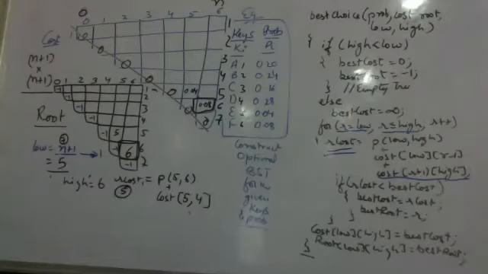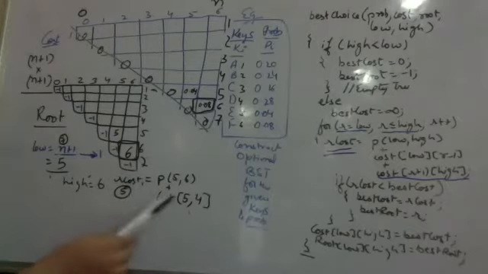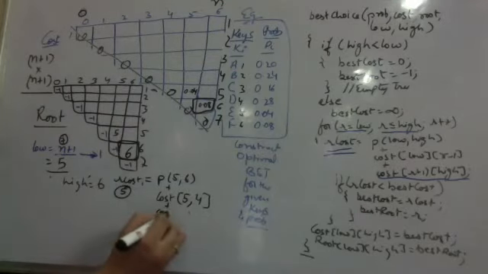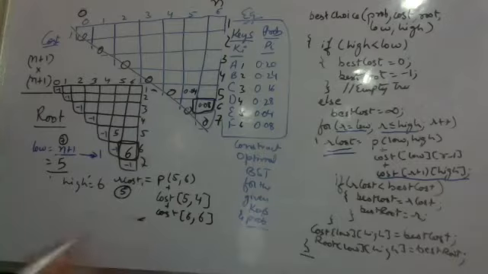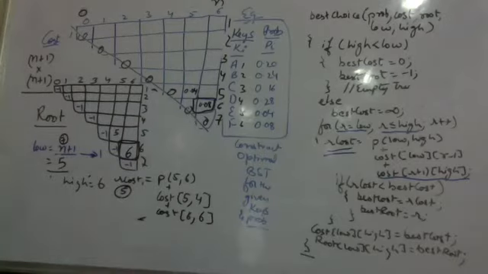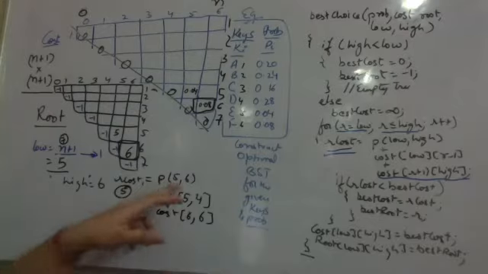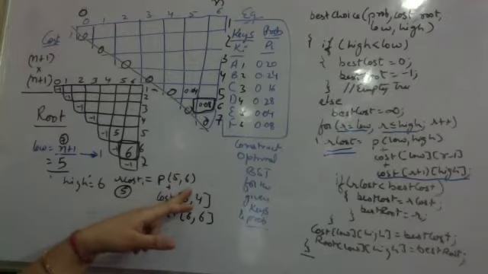So when I'm calculating the probability from low to high here, I'm having my cost to be 5,4 plus cost of root plus 1, which is 5 plus 1 is 6, comma high, which is again 6 here. This will be calculated as probability of 5,6. Probability of 5,6 क्या है? Probability of 5,6 is probability of 5 plus probability of 6.